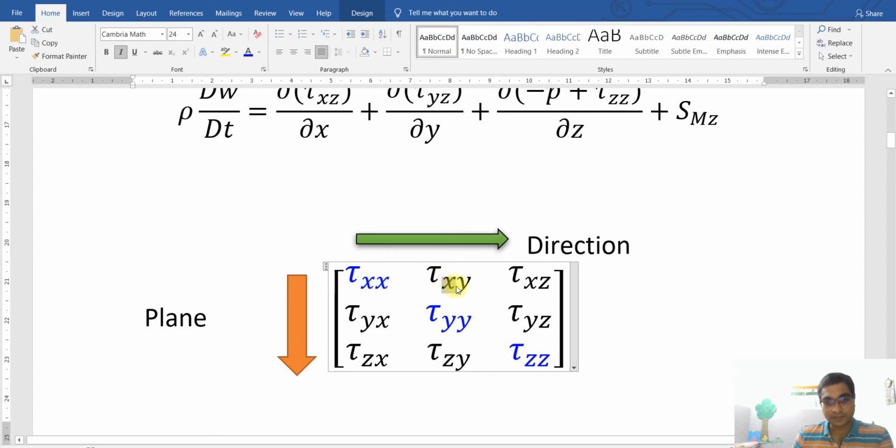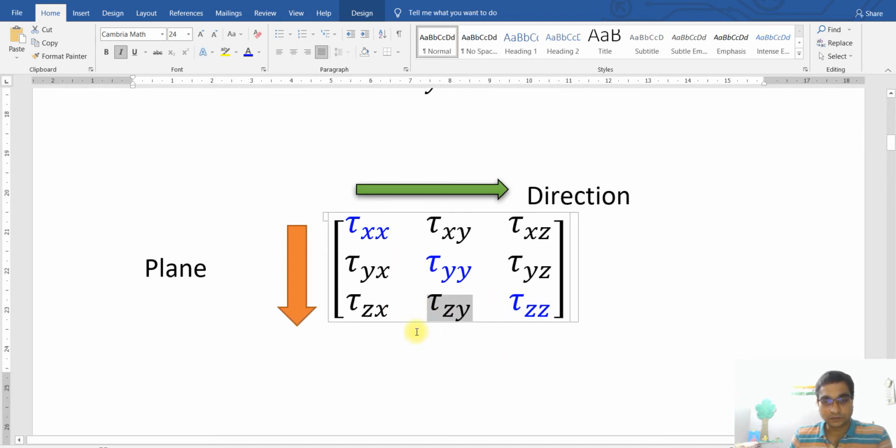Tau xy means x plane in y direction. Tau xz means x plane in z direction. Direction is x, y, z. And here, the direction is the same, but the plane is different: x plane, y plane, and z plane in x direction. Similarly, for the y direction: x plane, y plane, and z plane. These are all the nine components of the stress.